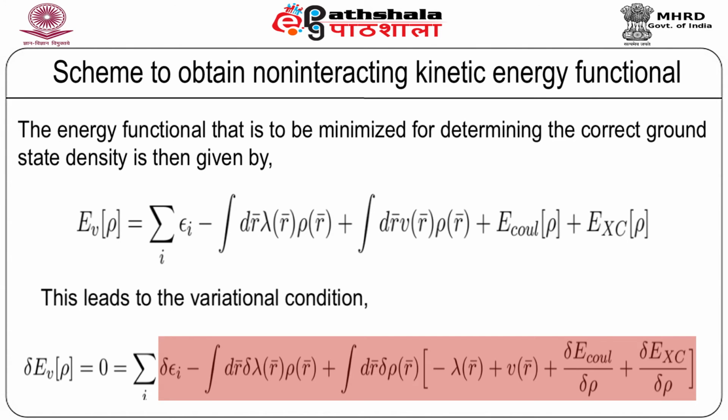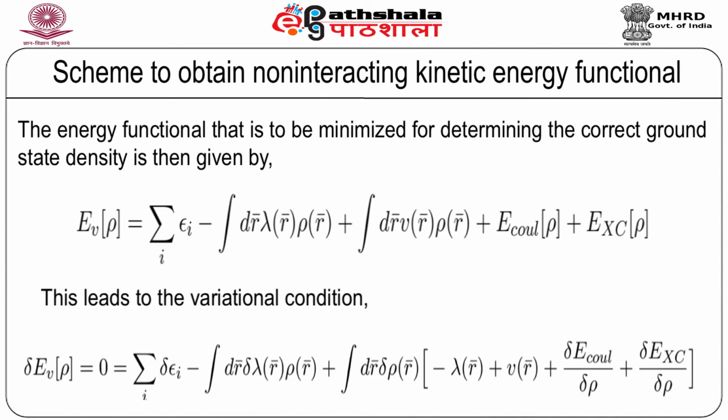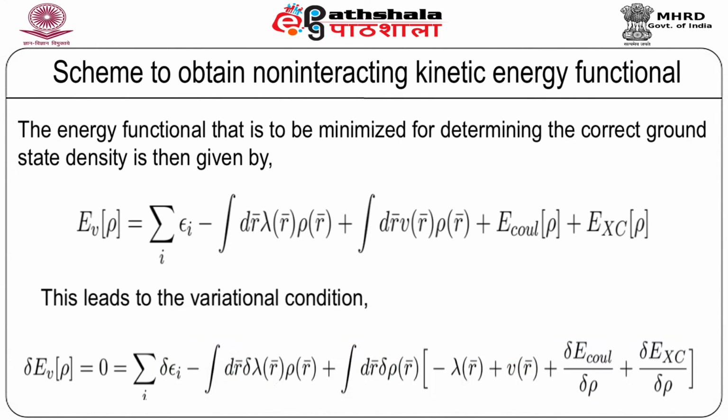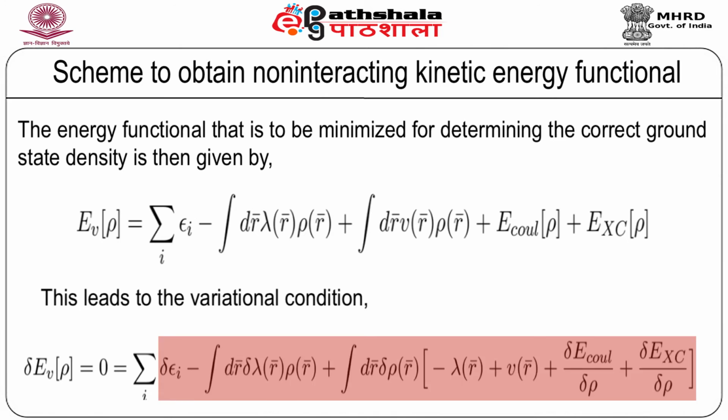So it is given by delta epsilon I minus the contribution from the second term, dr delta lambda times rho, plus another contribution from the second term, which is the first term within this bracket, dr delta rho minus lambda, and then the contributions from the other terms, which are given here as Vr plus delta E Coulomb over delta rho, delta E exchange correlation over delta rho.